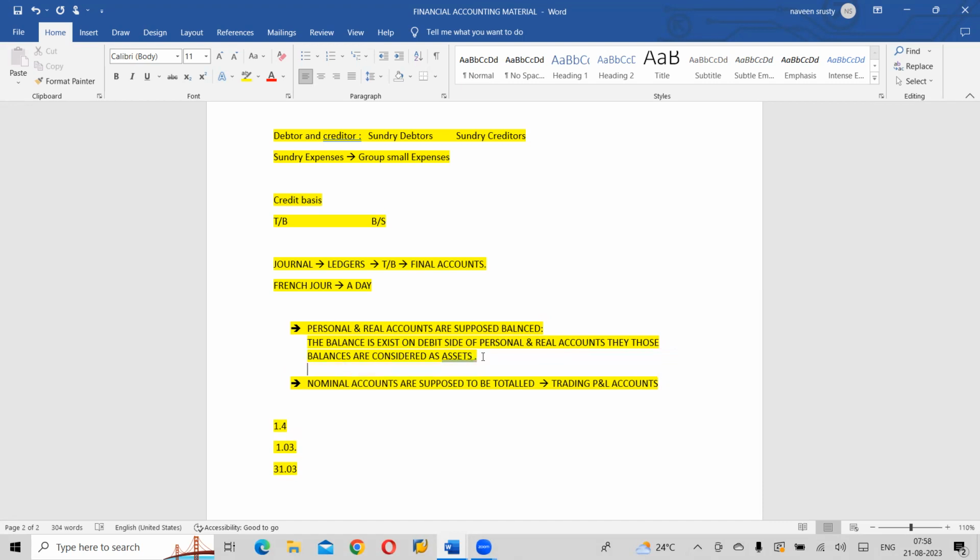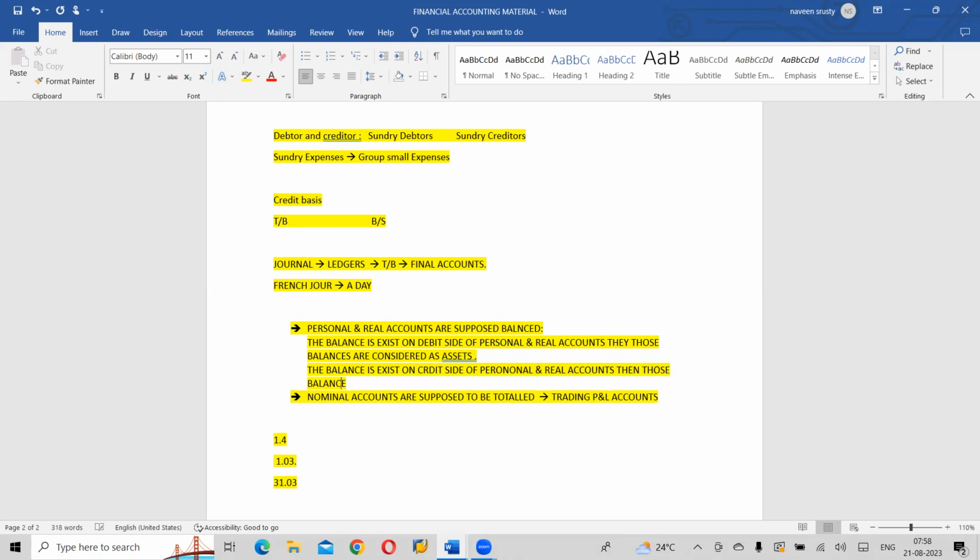Okay, and if the balance exists on the credit side, the credit side is more, on the credit side of personal and real accounts, then those balances are considered as liabilities.